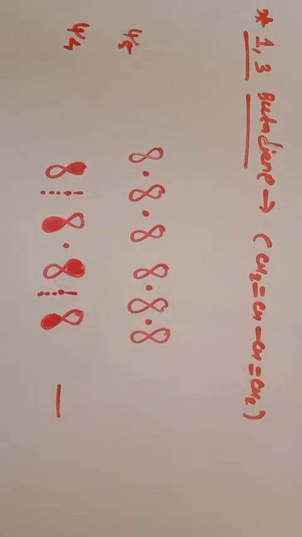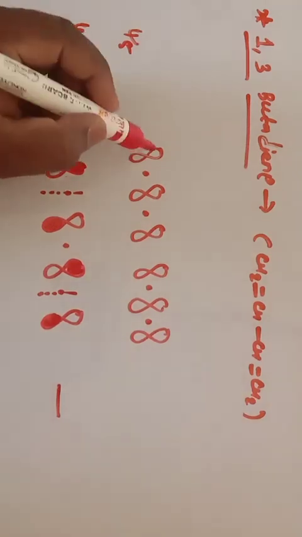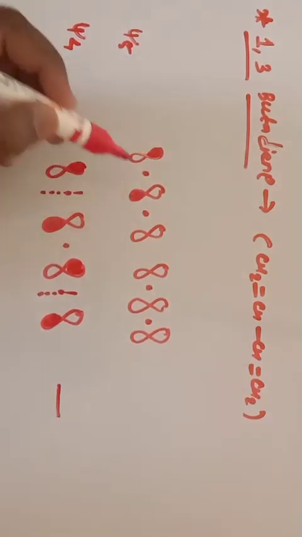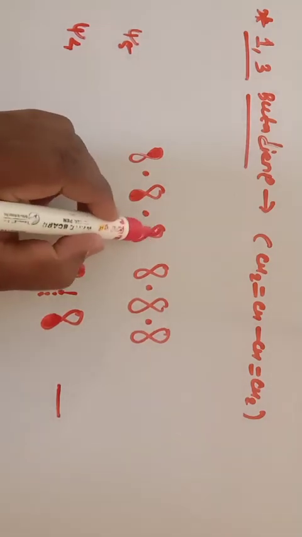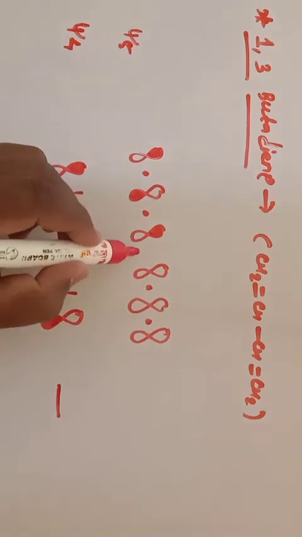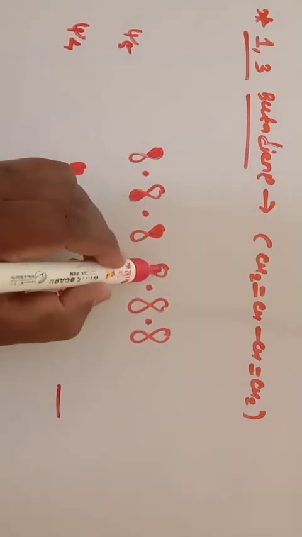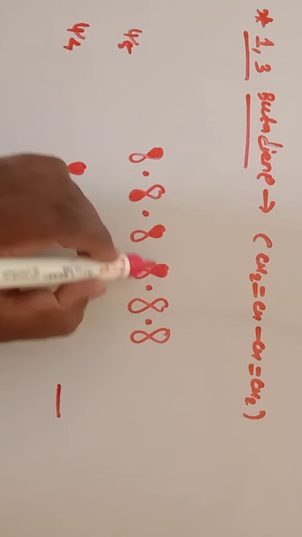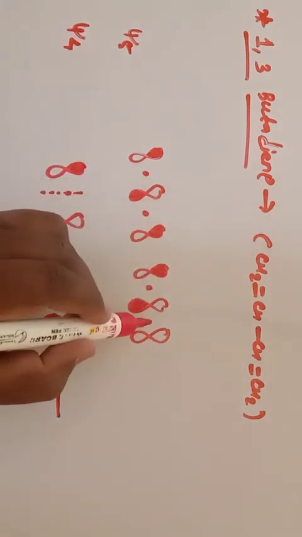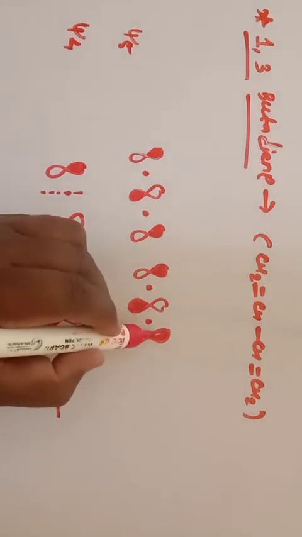So there should be one bonding interaction, and the remaining are antibonding interactions. So this is your antibonding interaction, this is your antibonding interaction, then there should be no node here. So this is your bonding interaction, this is your antibonding interaction, and this is also your antibonding interaction.